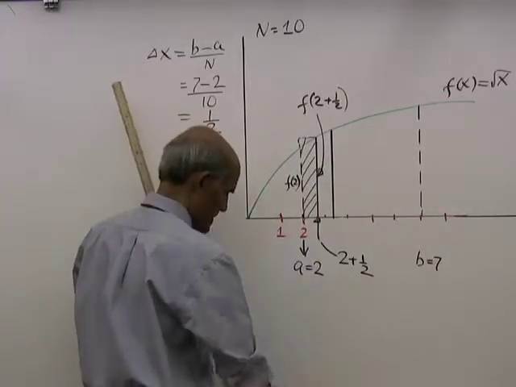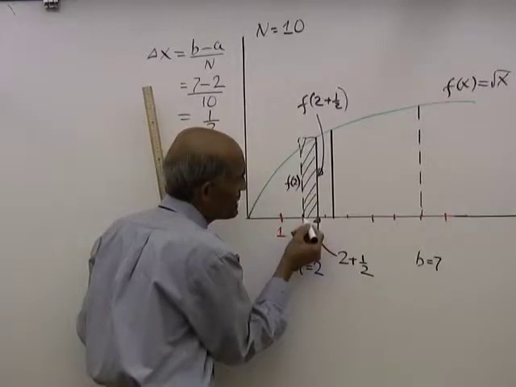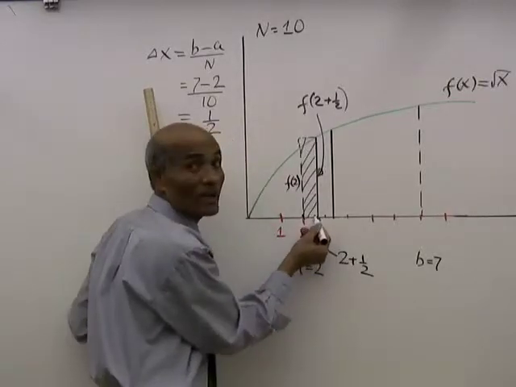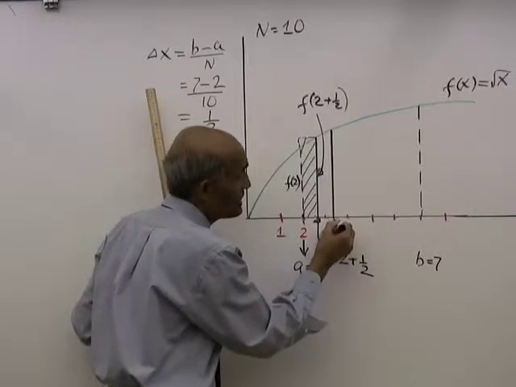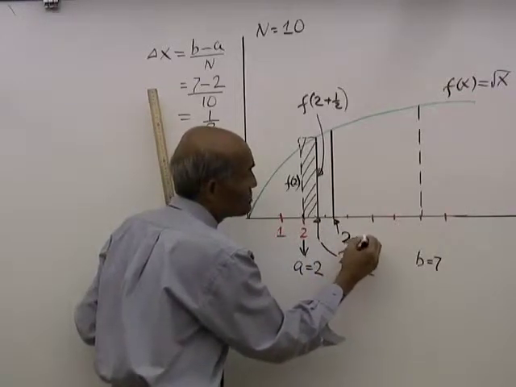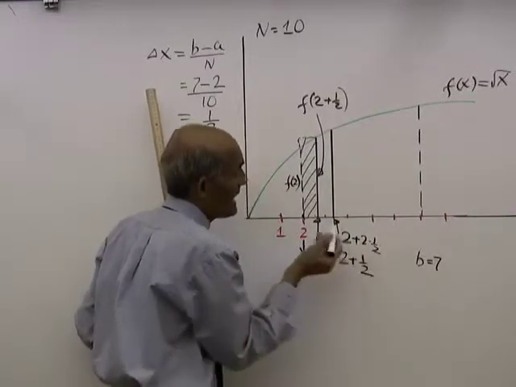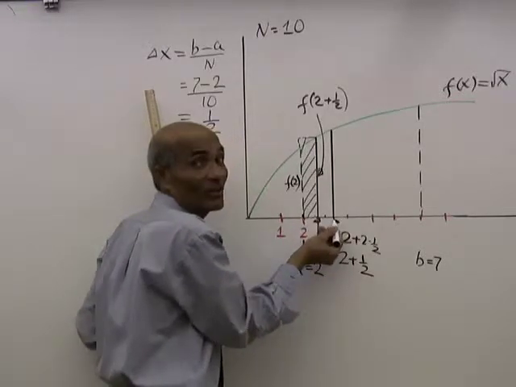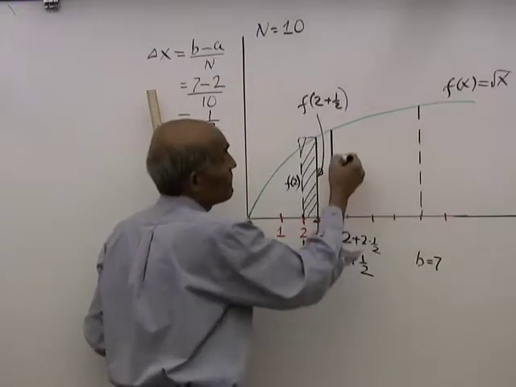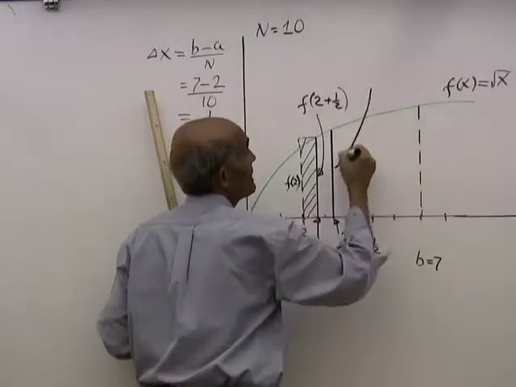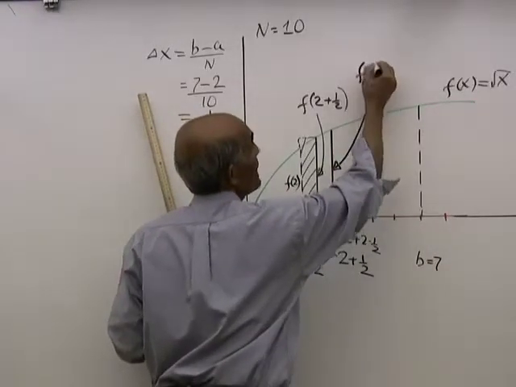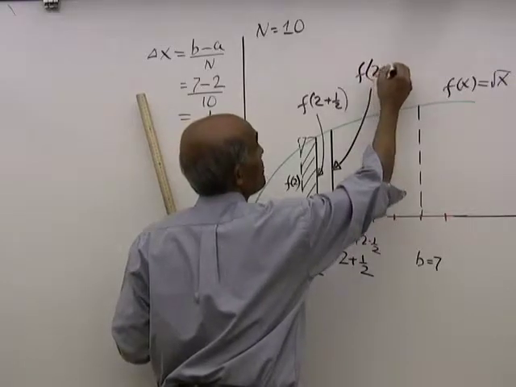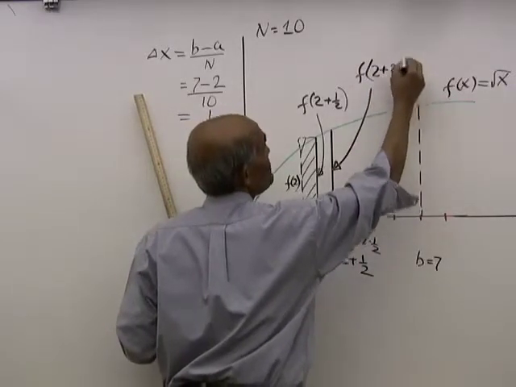Now, if this x value is 2, this will be 2 plus 1/2. This x value will be 2 plus 2 times 1/2. That's the second rectangle. Is that right? And therefore, this height will be, try and follow this carefully. That height will be f of 2 plus 2 times 1/2.